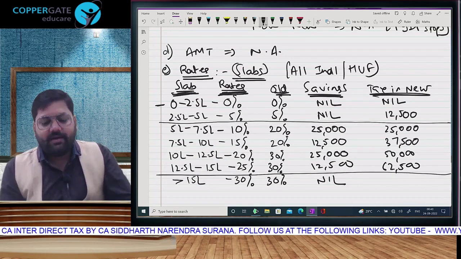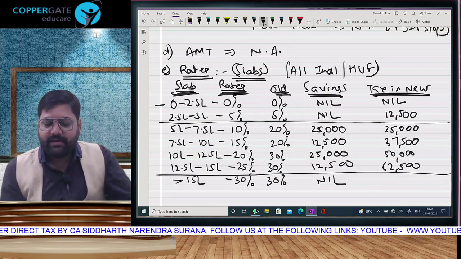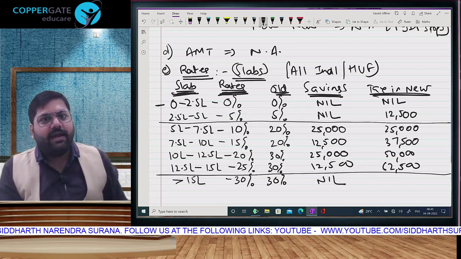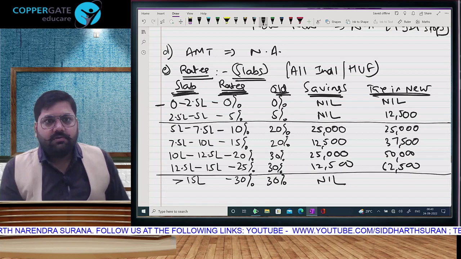That's 250 का 25%. करेक्ट है? After 15 lakh, every rupee will be taxed at a rate of 30%.